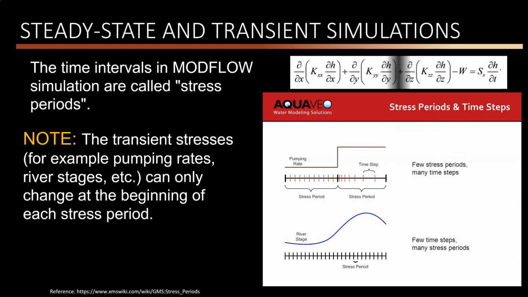Okay, now let's talk about the time discretization. If you look at the transient solution here, there's a delta t that we need to define. This is the delta t of the MODFLOW solver. So we have two types of time discretization.